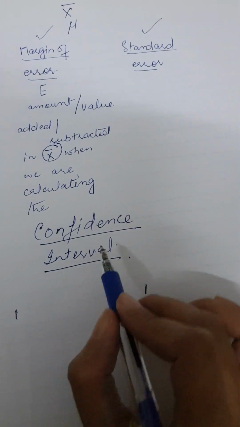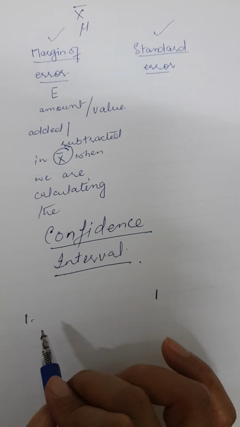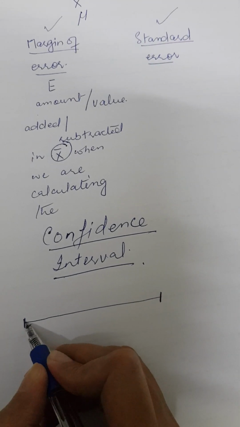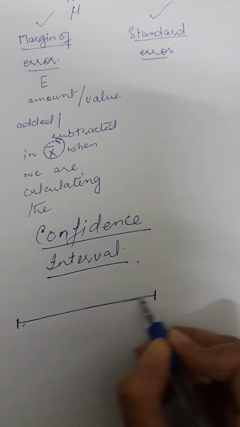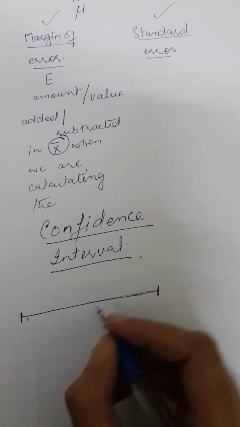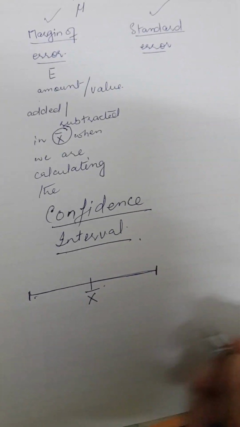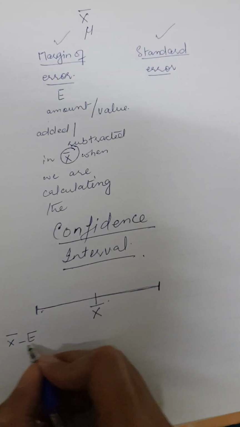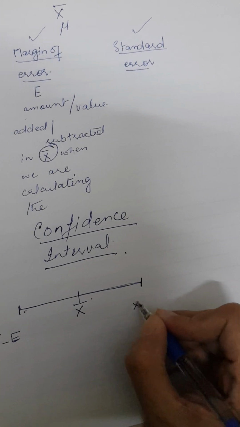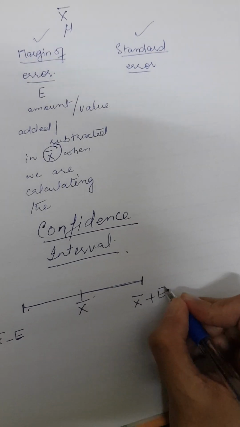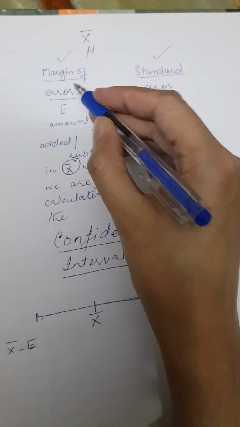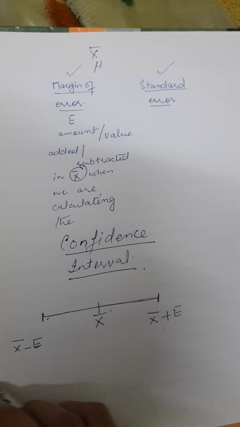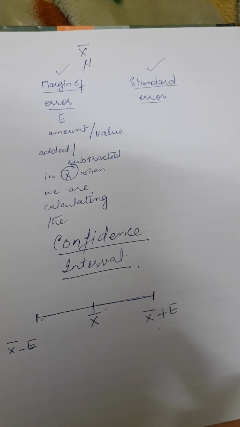Now, when we calculate the confidence interval, here is the x bar, that is the sample mean, and here we have x bar minus E, and here we have x bar plus E. It is the margin of error, it is added on the right side, it is subtracted from the left side, and the answer is the confidence interval.